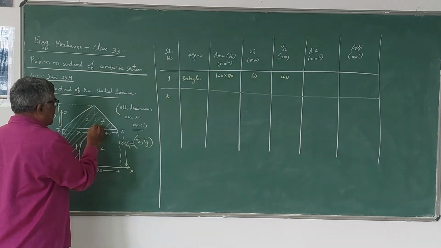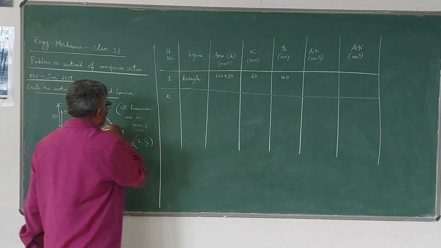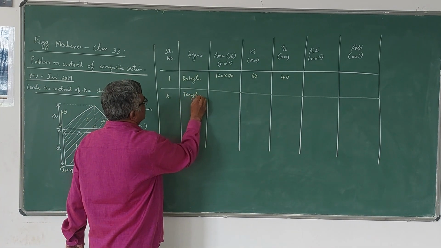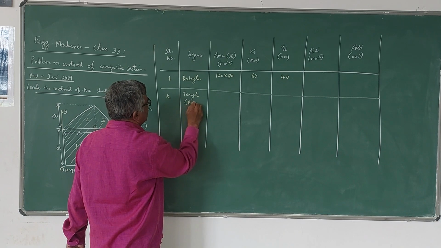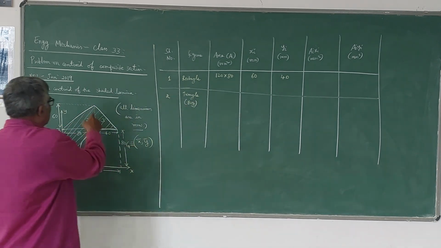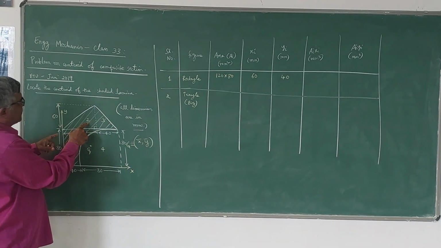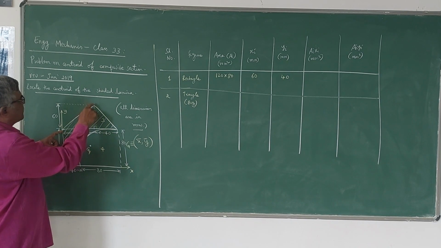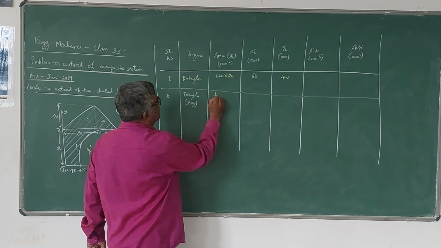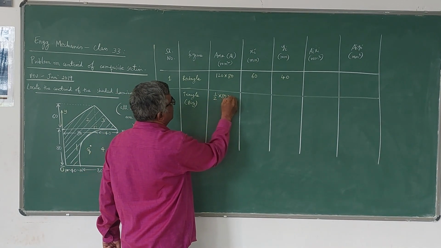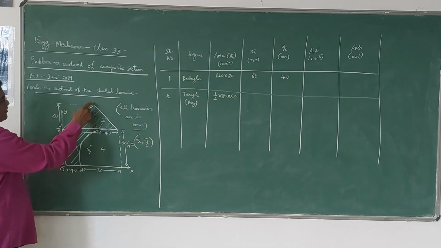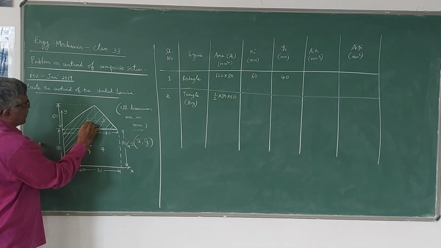The second one is the right angle triangle. This is the big triangle, and its area is A2. Its area is half into base into height, half into 80 into 60. Now I will locate the centroid of this triangle. G2 will be here.